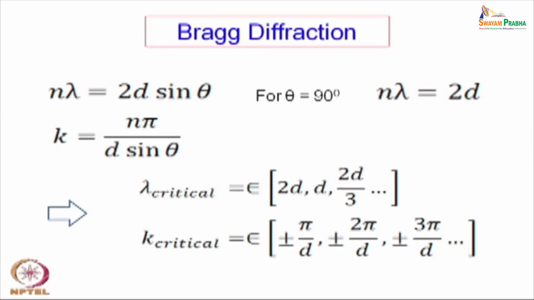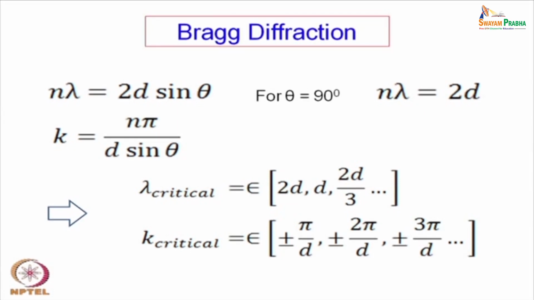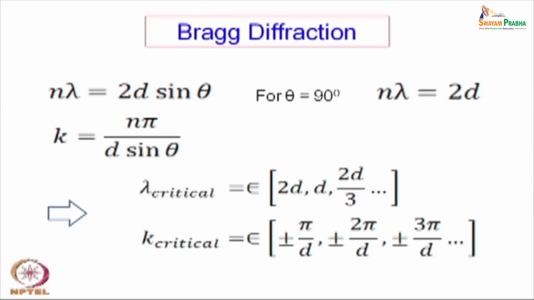Now, this concept of Bragg diffraction came in because of the consideration of the band model of solids to explain the electrical behavior, in particular the behavior of the electrons within the solid.